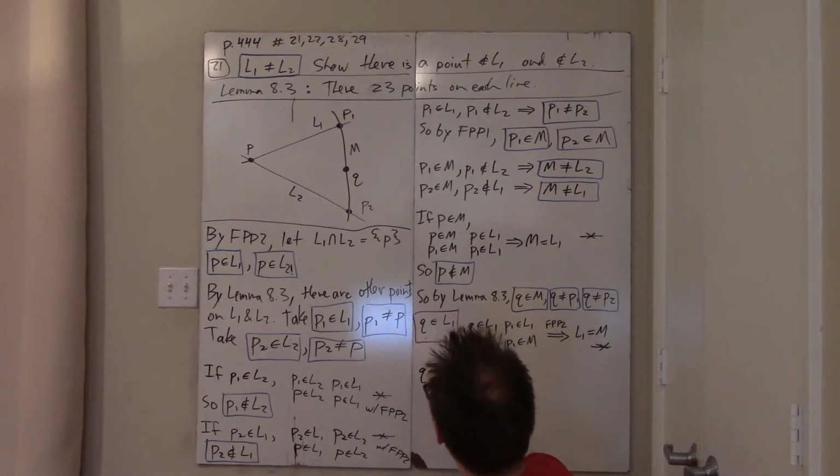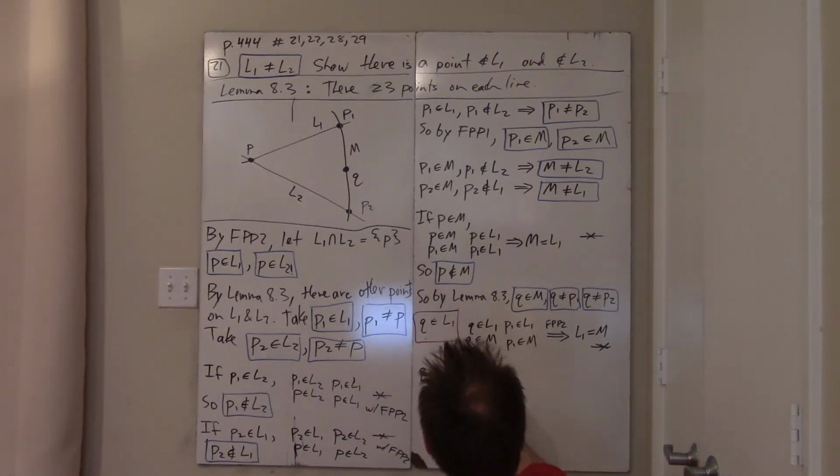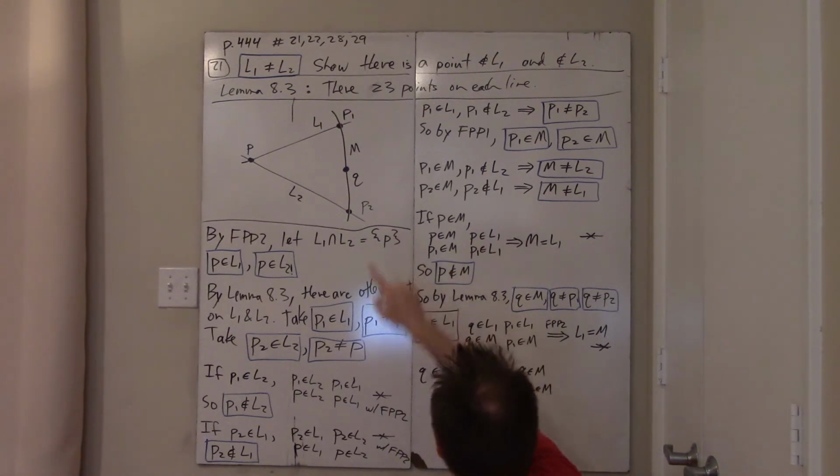Analogously, if Q were on L2, then you would have Q on L2, but also P2 is on L2. And Q is of course on M, and also P2 is on M. M was defined to go through P2.